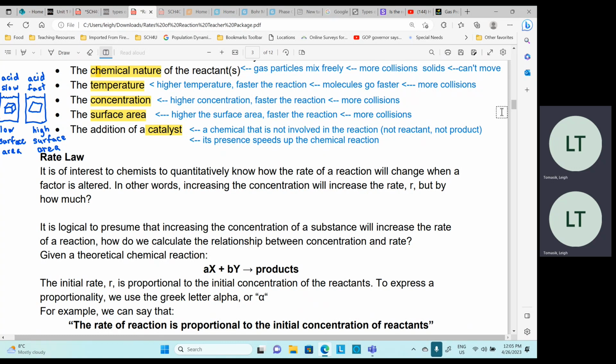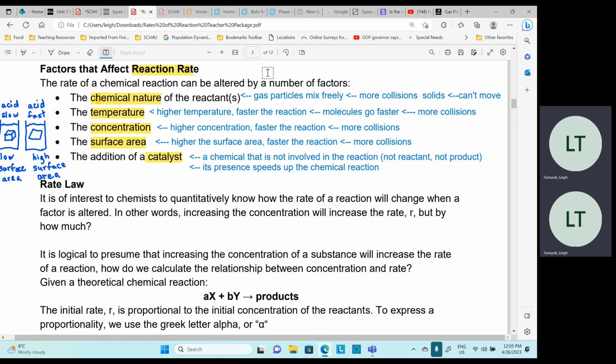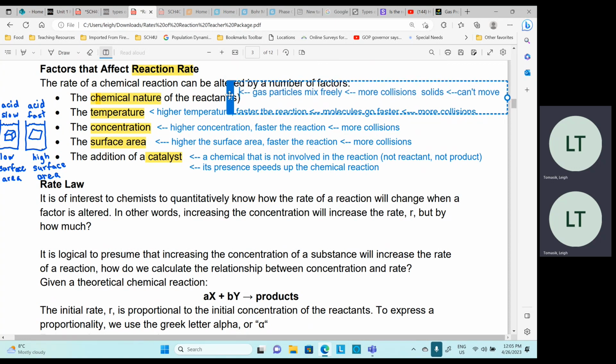Also bigger particles don't react as quickly as smaller particles. So we should add that. So particles, they have to collide in the right way.